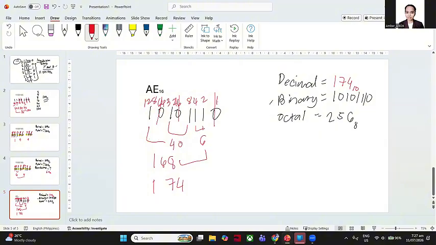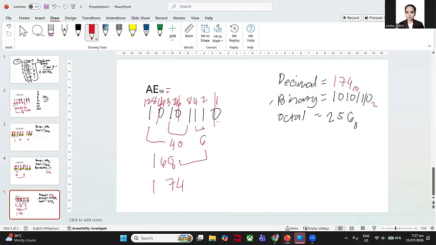If the given is in octal, the best way to solve it is to translate everything to binary.